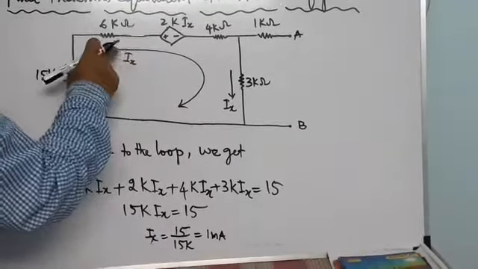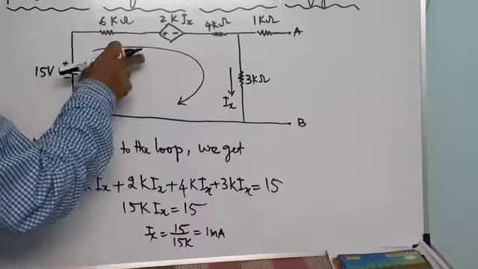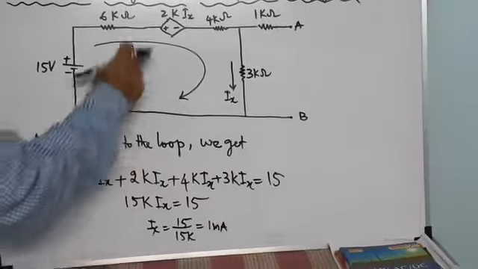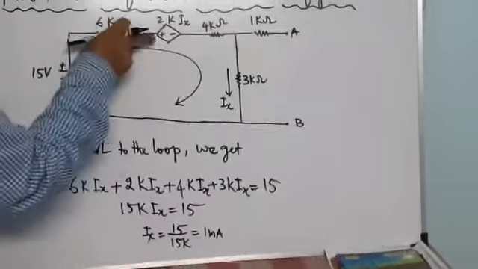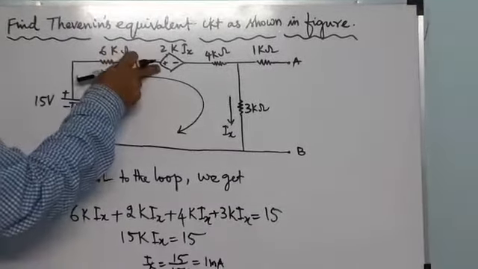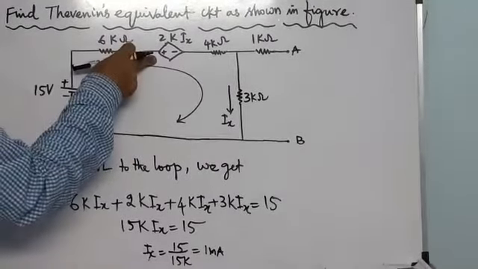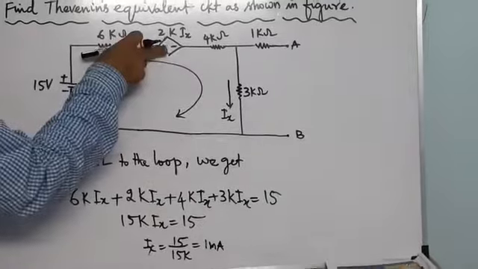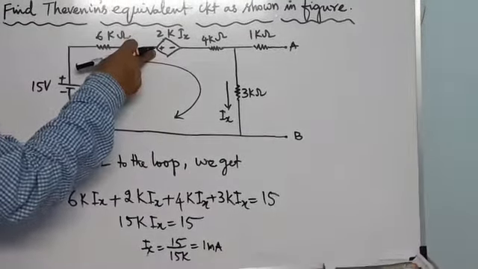If they are opposite, you take minus. According to the equations you can understand this. For the sources, if your direction is towards the positive polarity, you give plus; if towards minus, you write minus. So first I am going towards the positive terminal.